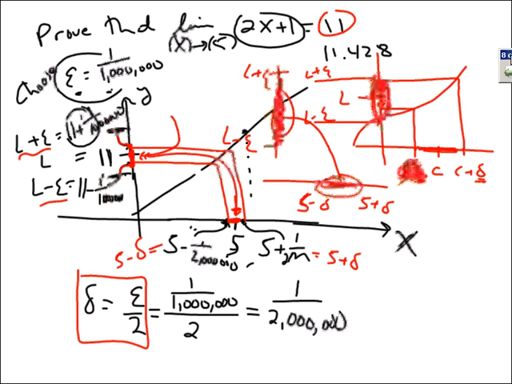Now, what I do want to show you is what if you have the wrong limit? You may say, well, if I say the limit is 12 and it should be 11, I can still find delta. That's not true. Look at the limit as x goes to 2 of 3x plus 1. I think we did this one. In any case, this should be 7. 3 times 2 is 6, plus 1 is 7.